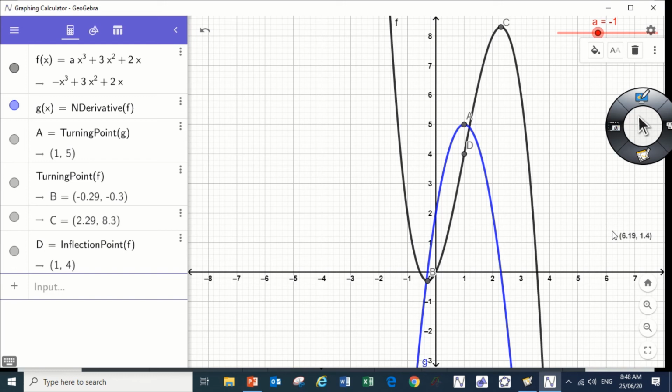What I'm telling you now, it's probably not in some textbooks. So, when the quadratic or the first derivative of a cubic function is an increasing function, the cubic graph will be concave up. When the first derivative is a decreasing function, the cubic graph will be concave down.